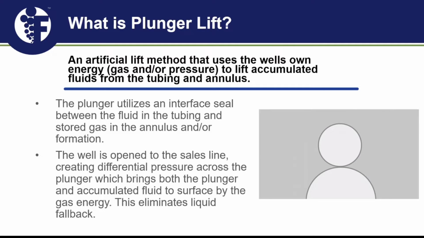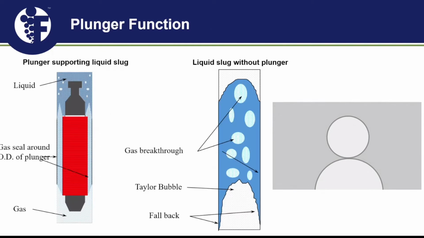And these plungers come in all different forms and sizes. And we'll talk a little more in this presentation about the different types of plungers that you would use to act as that interface between the column of liquid you're trying to get removed and that gas energy lifting the plunger below.